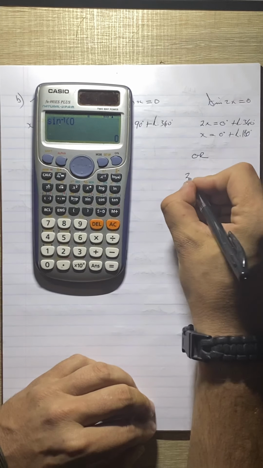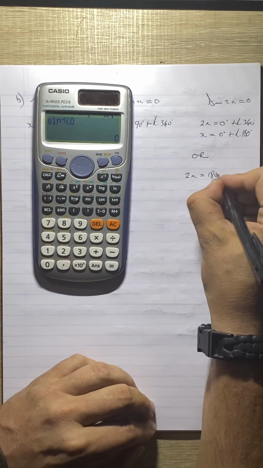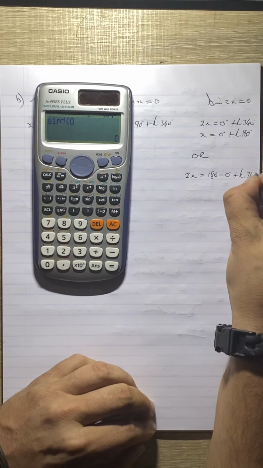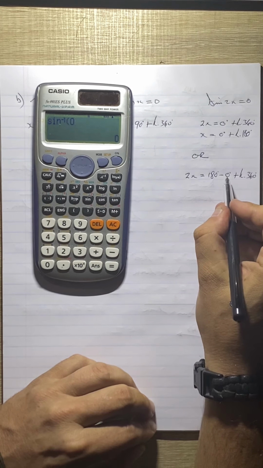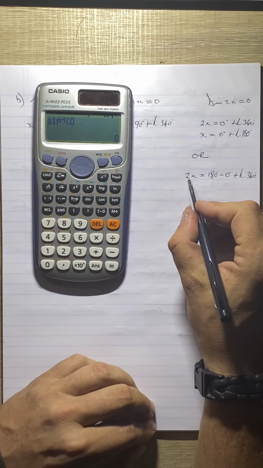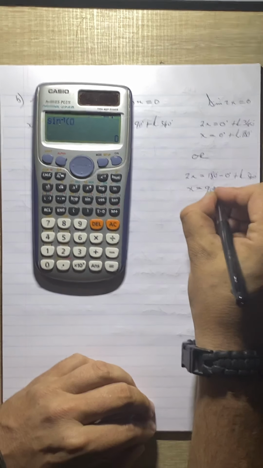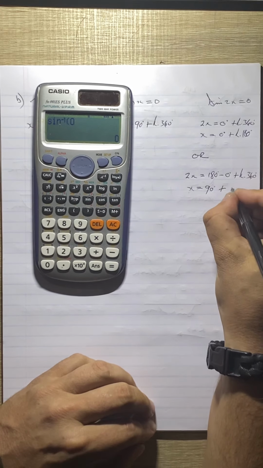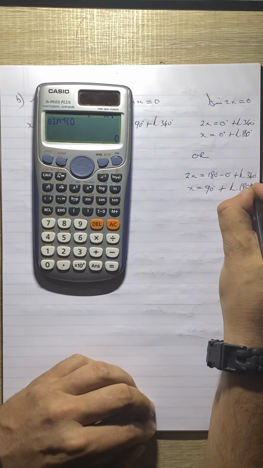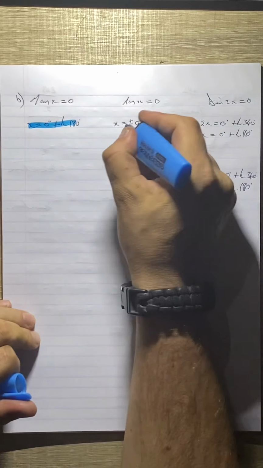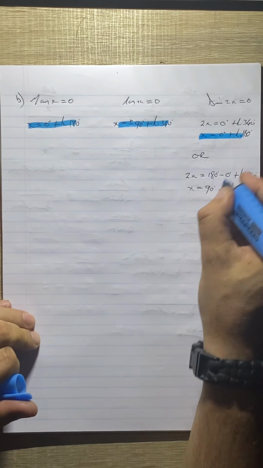So again, 2x is equal to 180 minus our reference angle plus k 360. So 180 minus 0 is still 180. Divide that through by 2, and we get x is equal to 90 plus k 180. So what I've done here is this is where this identity would be undefined, with these 4 general solutions there. All right, thanks, grade 12s.